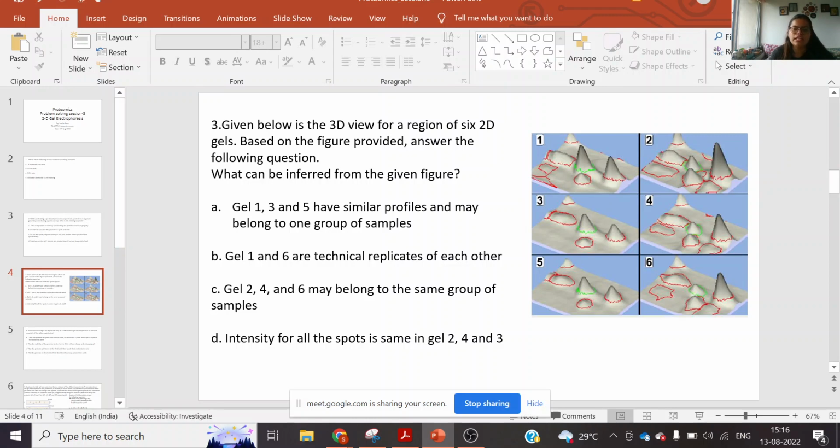Option B: gel 1 and 6 are technical replicates of each other. Technical replicates, does anyone have an idea about what a technical replicate is? Okay, so it is like you are performing the same kind of experiment. Everything is similar. You're taking the same sample. Let's say you are working on some bacterial culture, taking that culture from a particular petri dish, isolating it, and you want to perform a proteomics experiment.